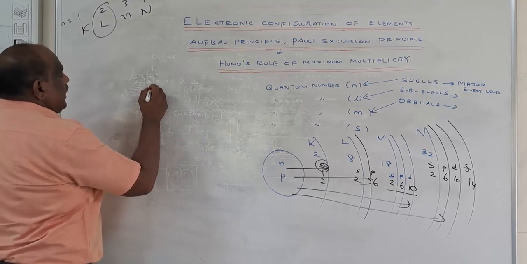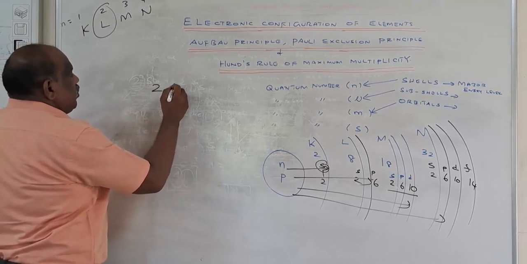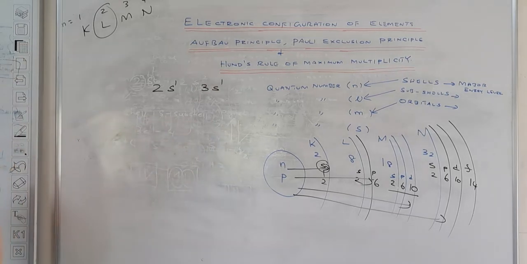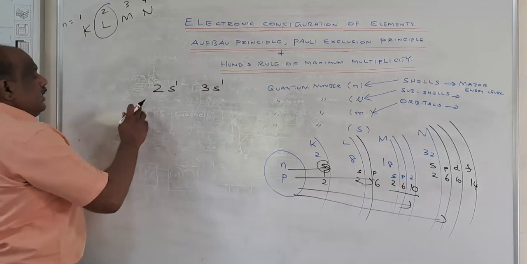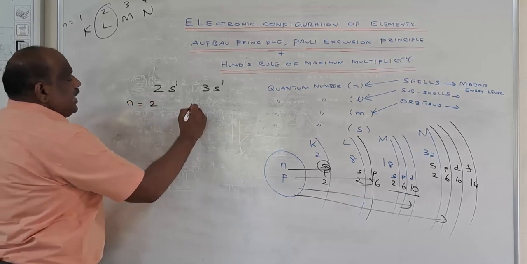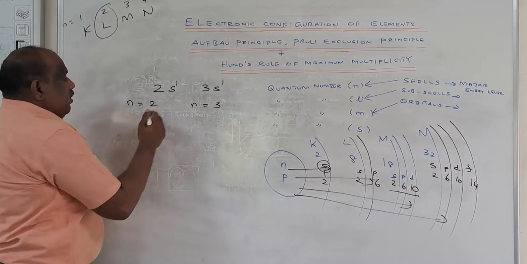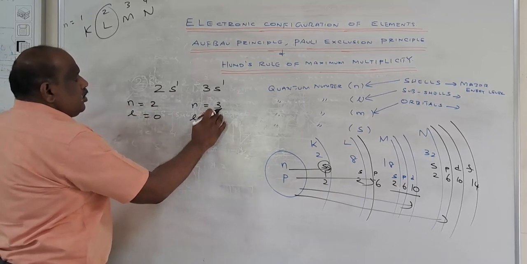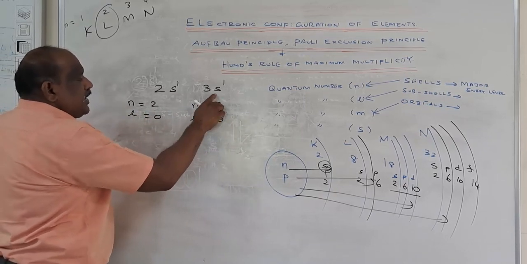Let us now try to take an example with 2s1 and 3s1. Here, 2s1 means n is 2. Here the principal quantum number is 3. What about l? l equals 0. Here l is also equal to 0, because this is also s only.